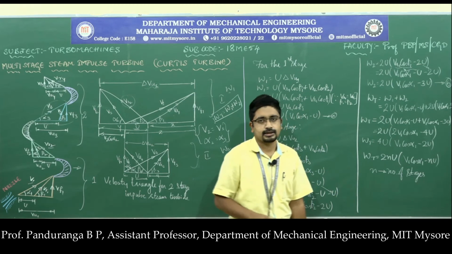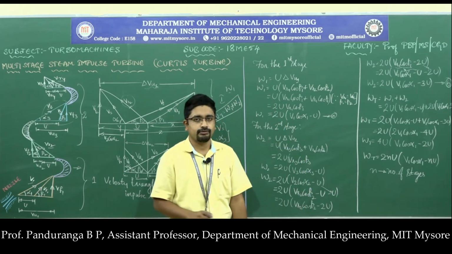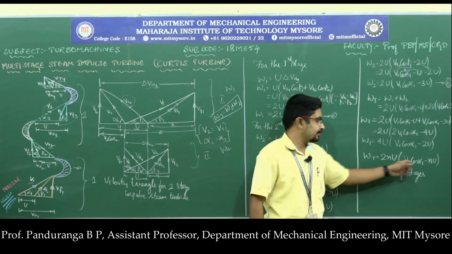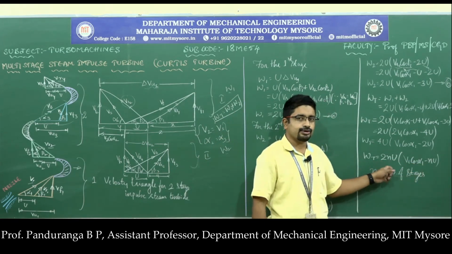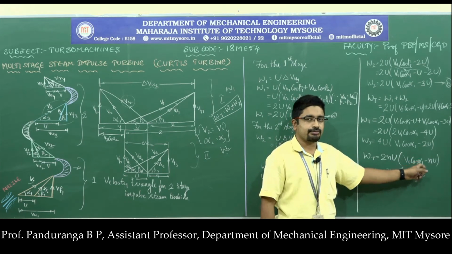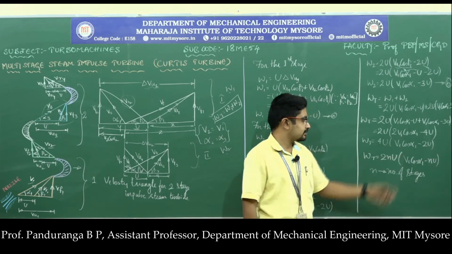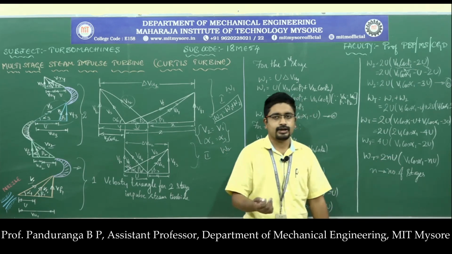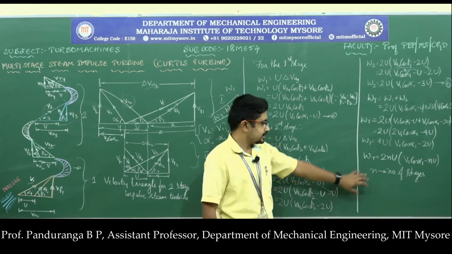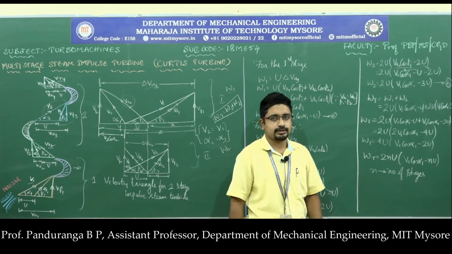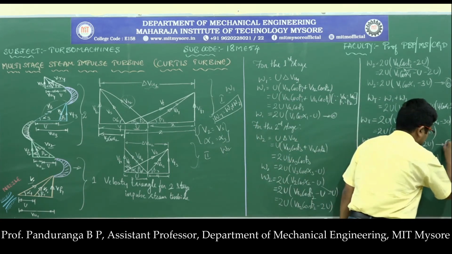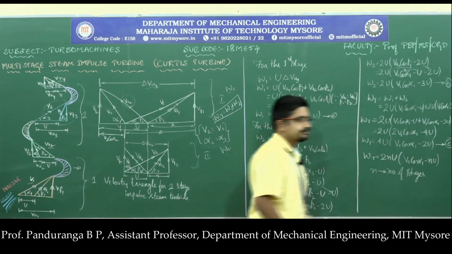If you remember the first single stage, that is the equation for work done. If it is 2 stages, I will write 2 here, so it becomes 4u into V1 cos alpha 1 minus 2u, that is the equation which we have got here. If it is 3 stages, in place of n you have to write 3. So this is the work done equation. I will call this equation C, and I will be using that.